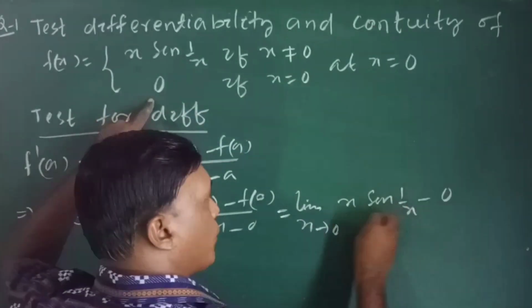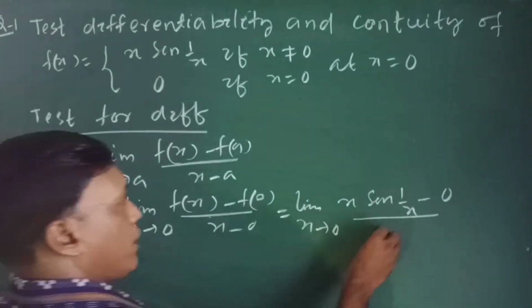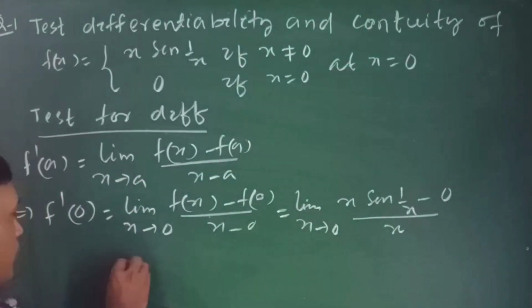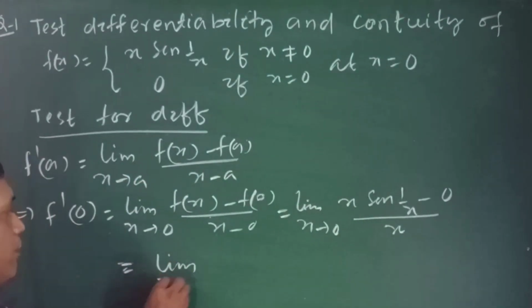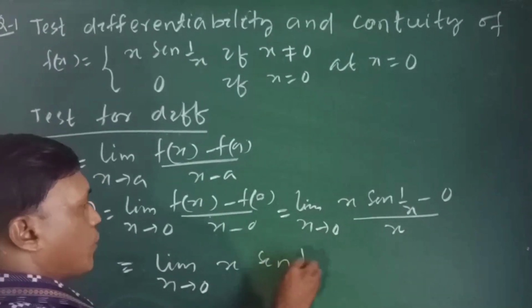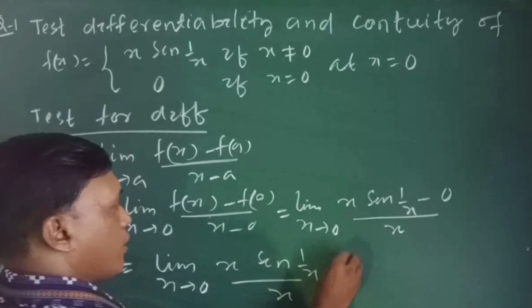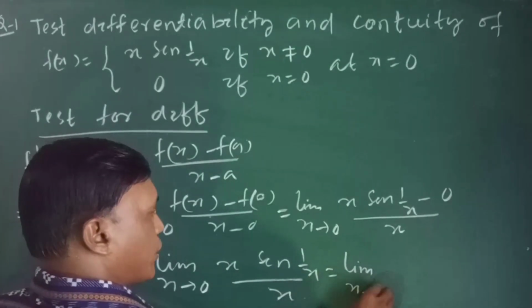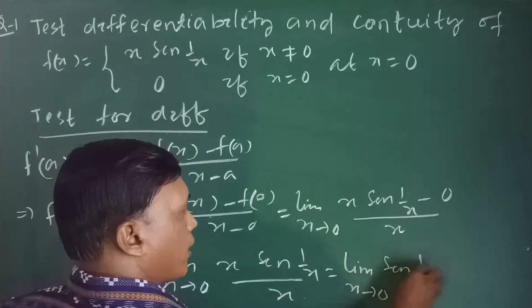This is 0 by x minus 0 is x, which is equal to, we find limit x tends to 0. This is x sin 1 by x, which is limit x tends to 0 sin 1 by x.